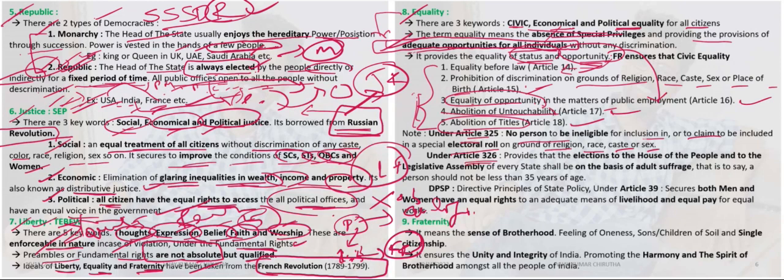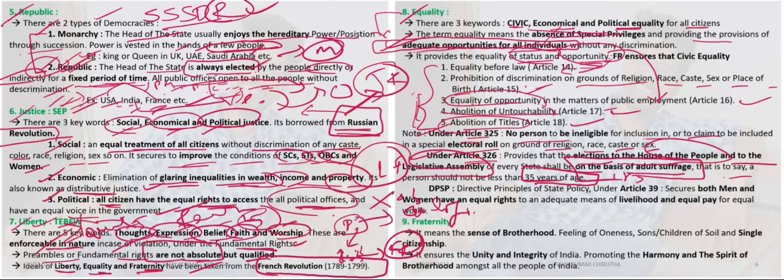Article 326: elections to the House of the People and to the Legislative Assembly of every state shall be on the basis of adult suffrage. People who are more than 18 years old have the right to vote to elect their representative. The person should not be less than 35 years of age to contest in the elections.